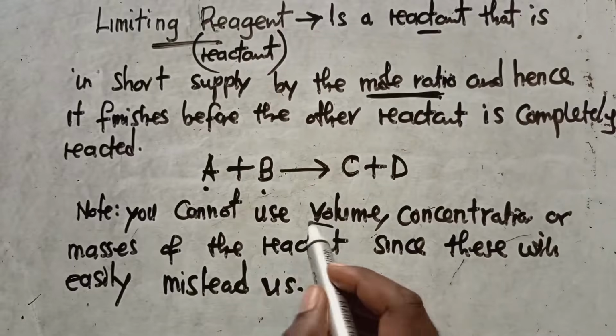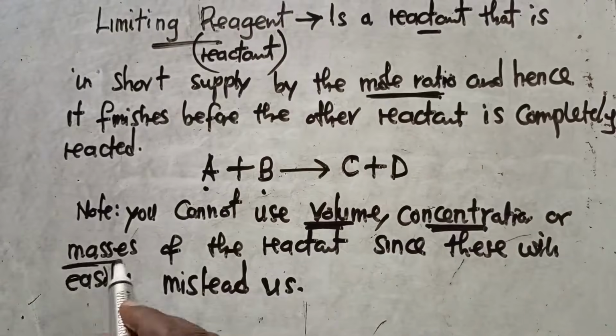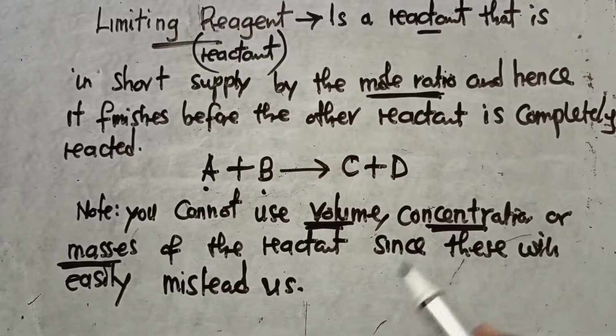You cannot use volume, concentration, or masses, but you can use the formula for volume and the formula for concentration to determine the number of moles. That's when you are going to predict which one is the limiting reagent.